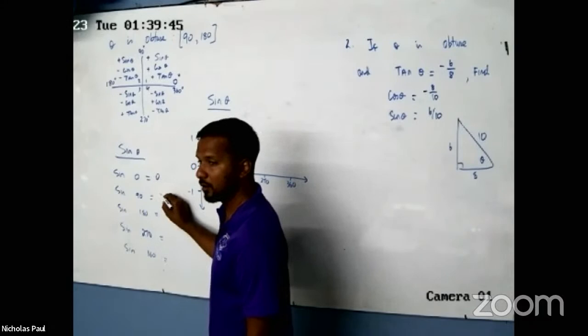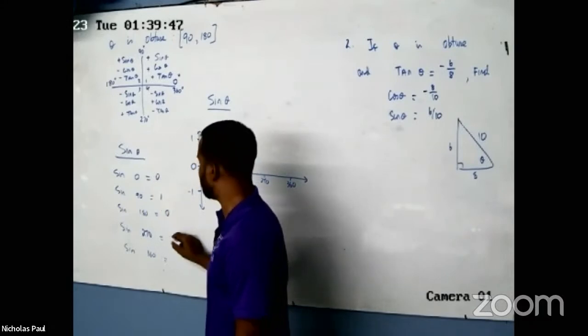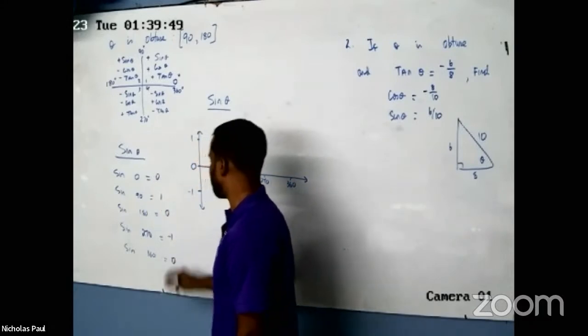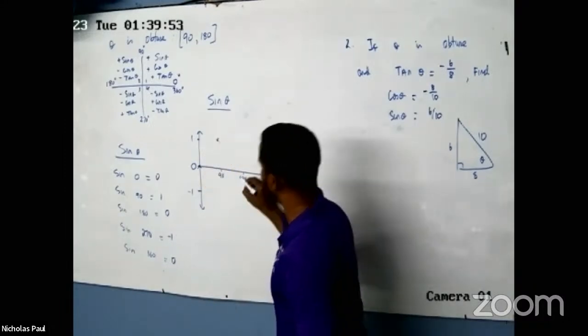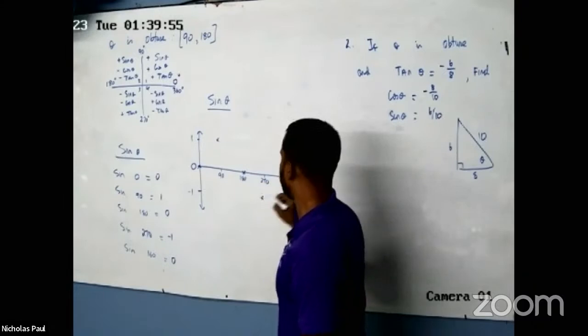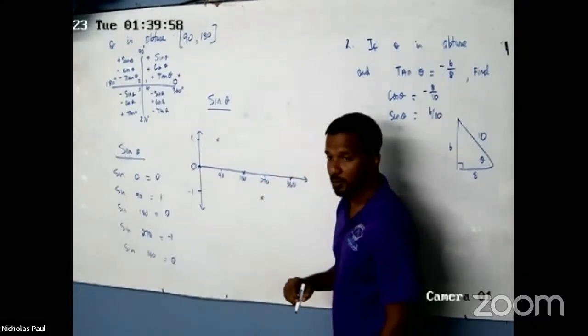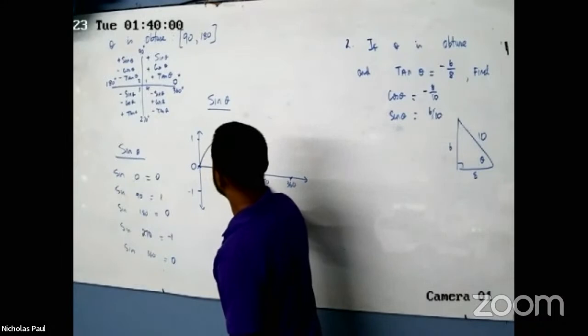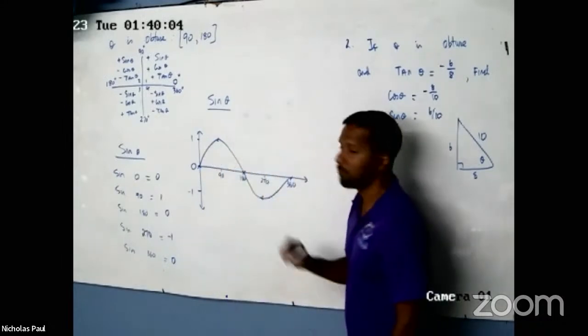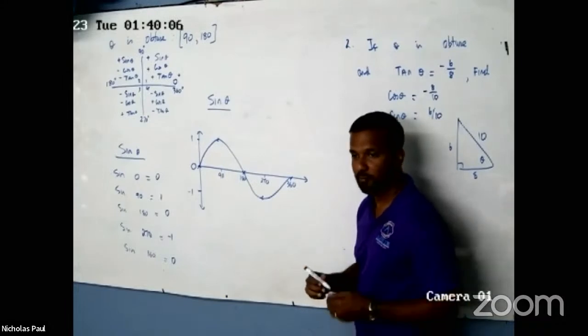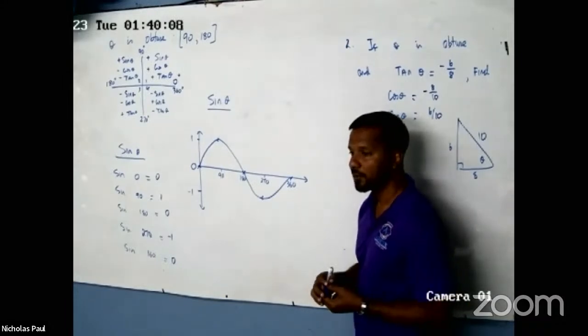So you're plotting 0 here, 1 here, 0 here, -1, 0. It goes up and then back down. That's a sine graph. The sine graph looks like that.